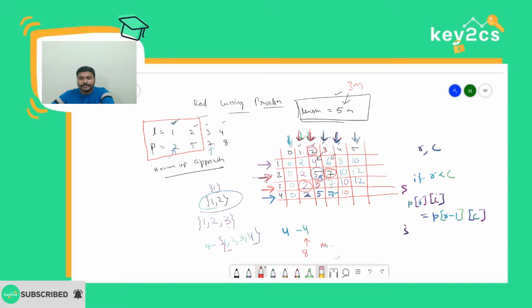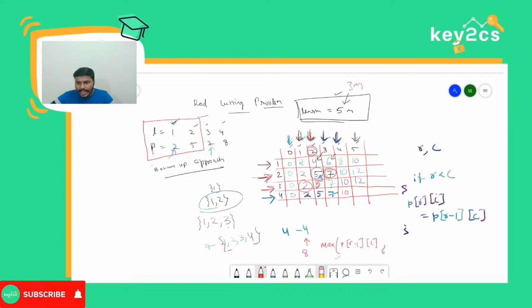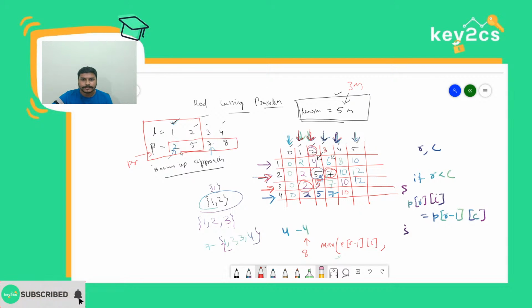So what we are checking, basically, is the maximum between the previous value, P of r minus 1 and c, and the profit. Let's say this profit array is stored in an array.